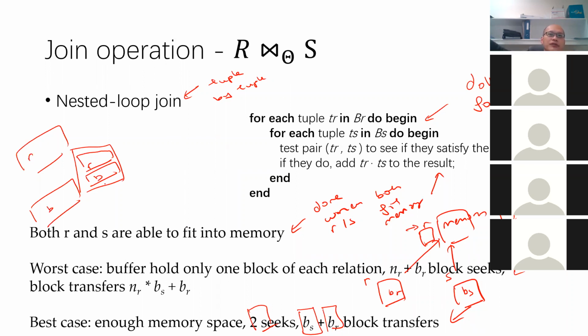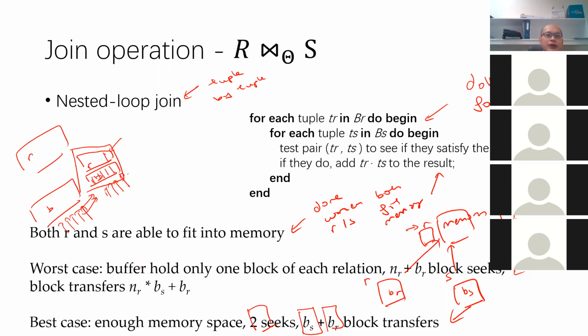Because of that, every single time I go through the one block, every single tuple has got to be done. So for one tuple here, I need to go through every single tuple in this block, followed by every single tuple in all of the blocks.